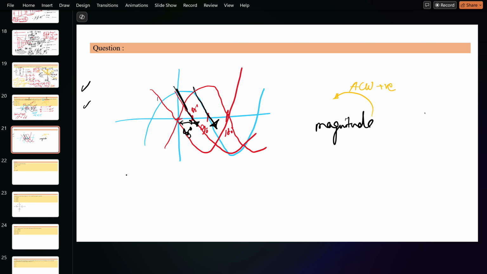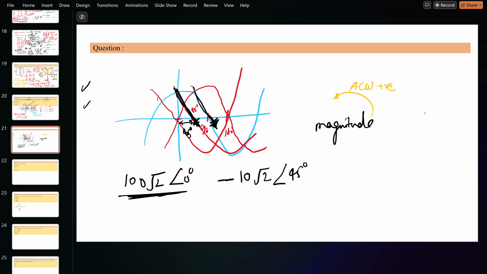Because cos was 10 root 2 angle 0 degrees, it was the reference. Now it is coming as minus 10 root 2 sine term, angle 45 degrees, because this is also a decreasing slope here. If you see the sine term and this is the cos, both are decreasing, but both are time shifted.